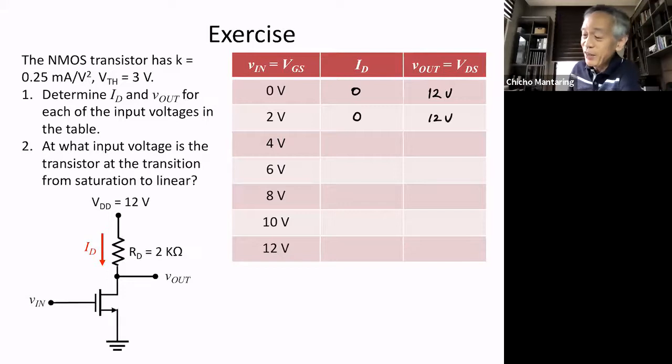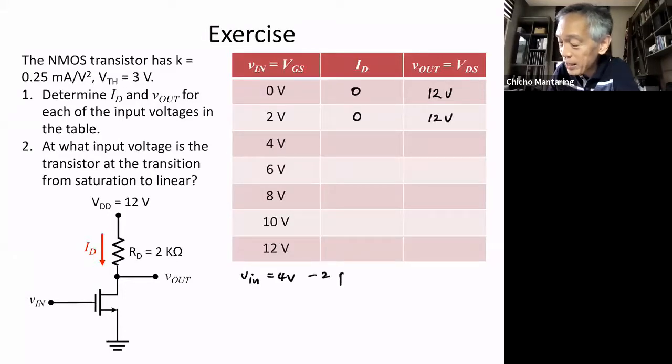Okay. Ngayon dito, no? Vin is equal to 4. Mas malaki na yan sa VTH. So there are two possibilities. When Vin is equal to 4, there are two possibilities.